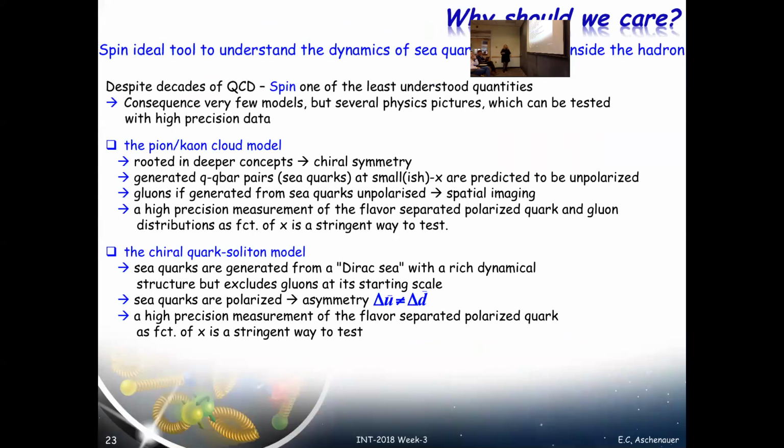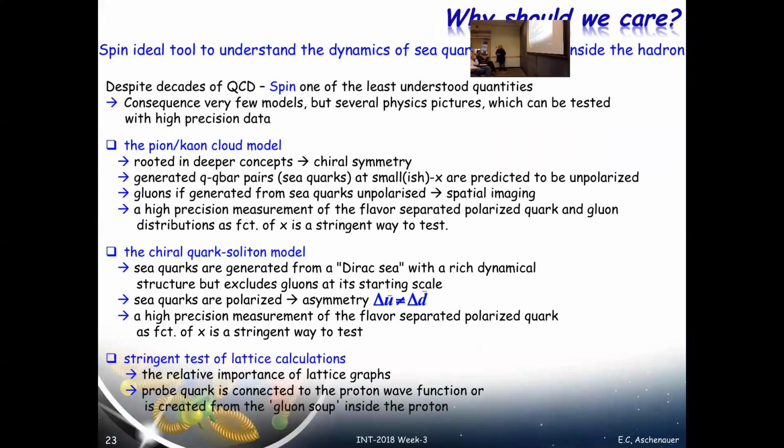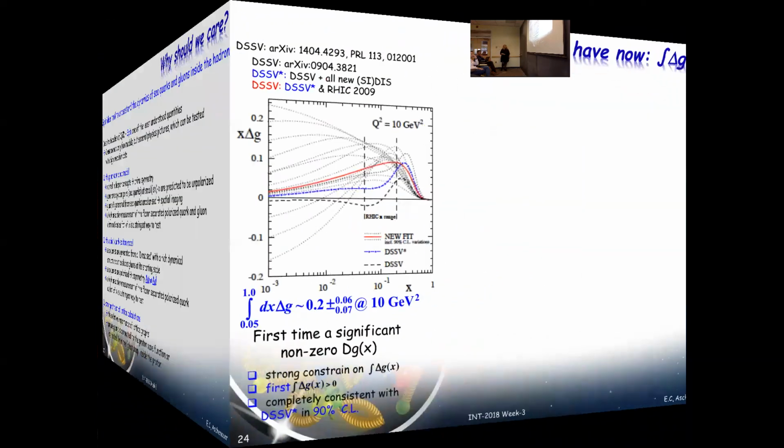Can one of these models predict all of this? Because that is really non-perturbative physics. And of course, if we have high precision data, we provide very stringent tests to lattice and can have complementary information and see what we can learn by combining the information.